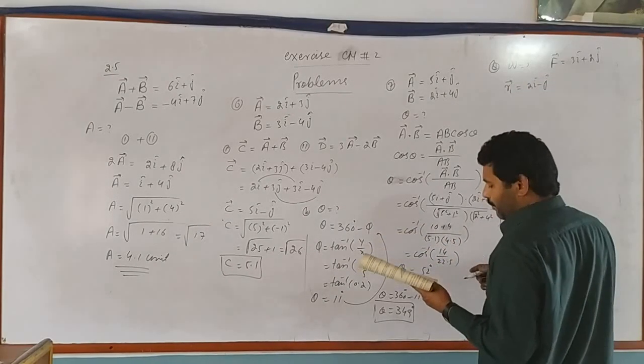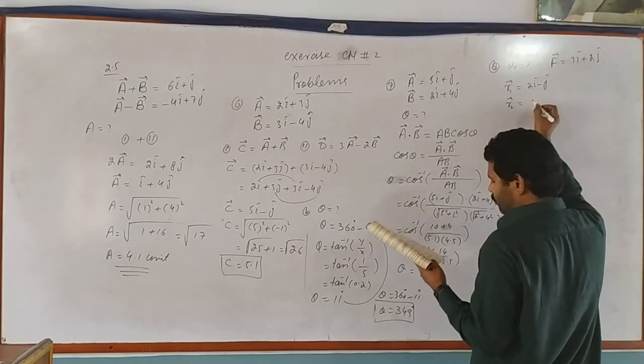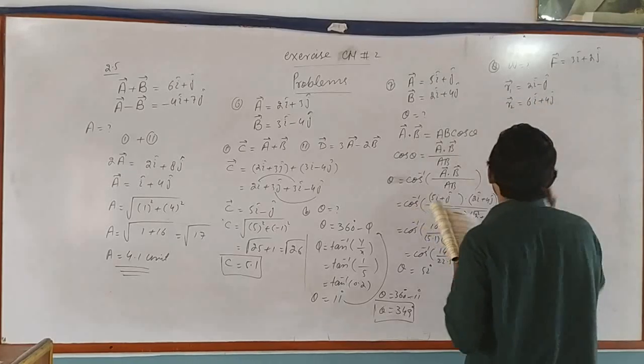Similarly, for point B, the position vector is equal to 6i unit vector plus 4j unit vector.